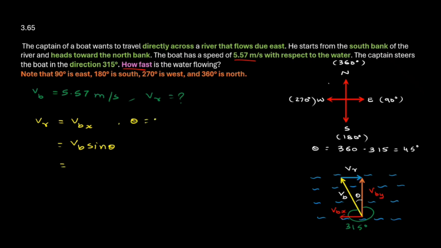Theta here is 45 degrees. Now let's substitute. VB is 5.57 sine 45. That gives you the velocity of the river to be equal to 3.938, or you can round this off to 3.94 meters per second.